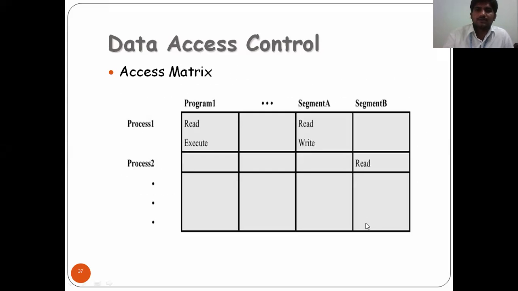This is the matrix information. Here we have the subjects, process one and process two, and the objects, and here are the access controls.